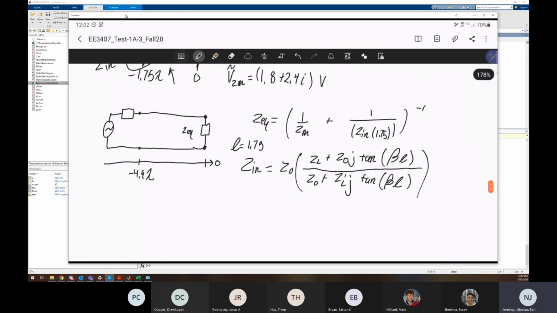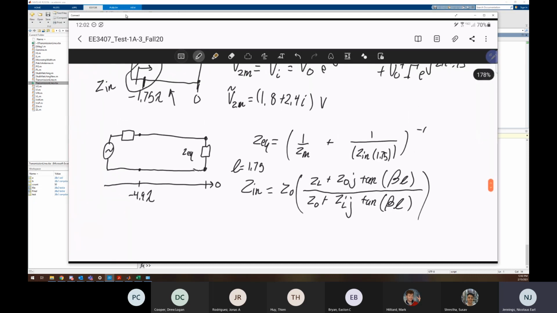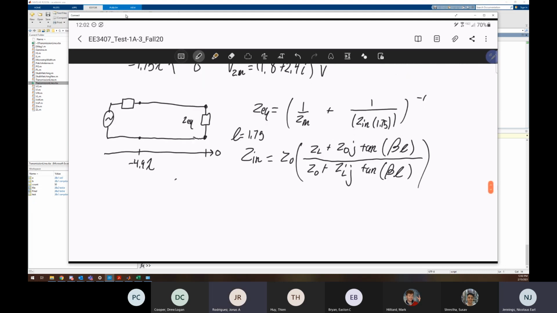Any other questions you guys have right now at this moment? Concerned about any equation or any thoughts? Do you guys have a value? I'm working on it. Okay.